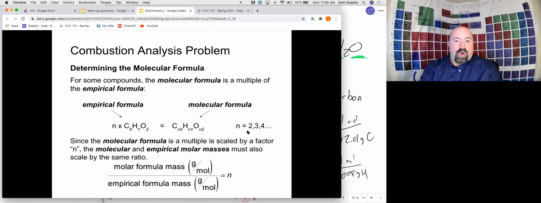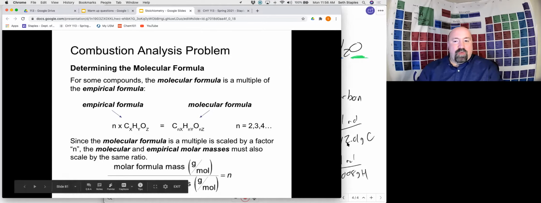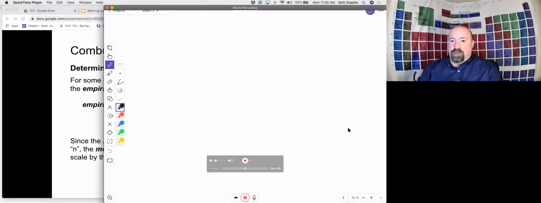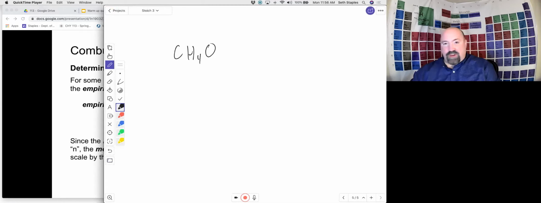So we're going to take that 160.2 and divide it by the molar mass of our empirical formula, which we found to be CH4O.